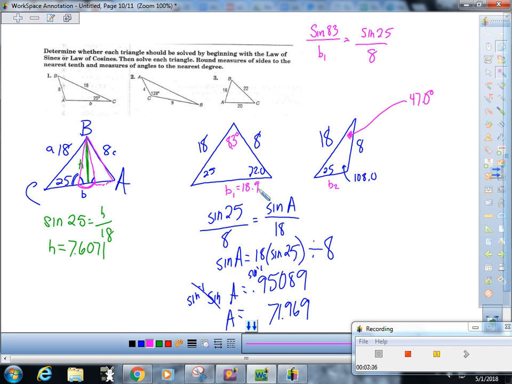And B2, we will do sine of, instead of 83, what will we have? We'll just have a 47 now. So sine of 47 is to B2, like sine of 25 is to 8.